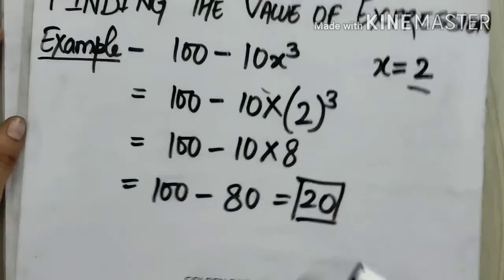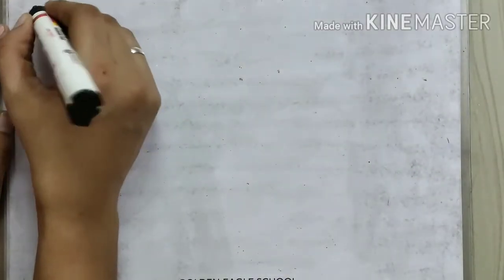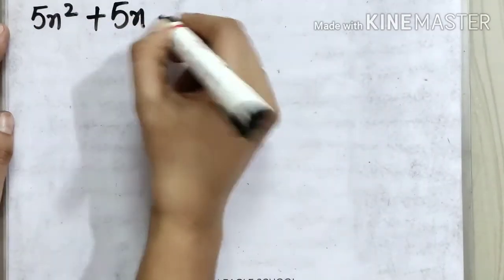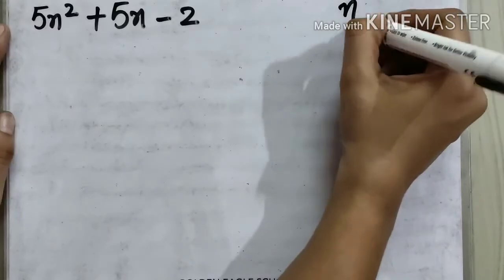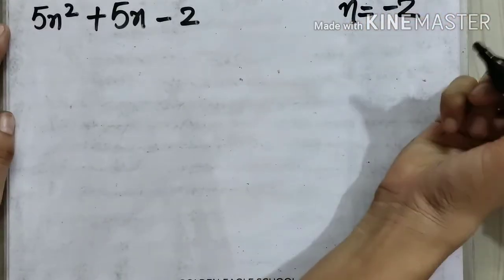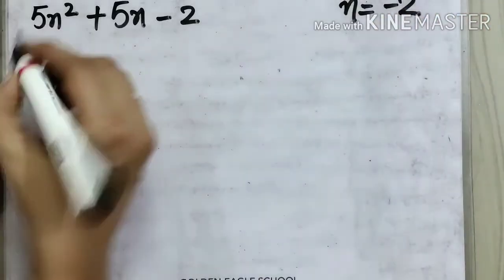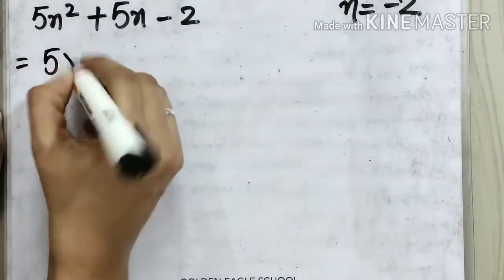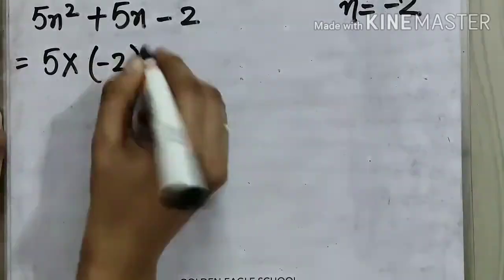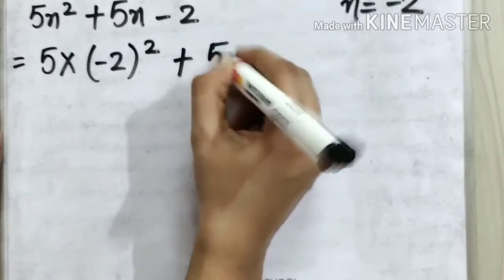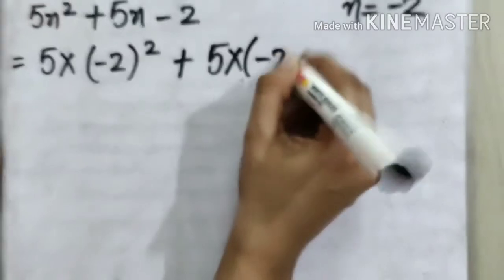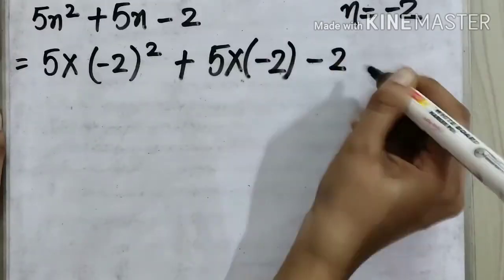Now in the similar manner we have one more example, that is if we say find the value of 5n square plus 5n minus 2 when n equals to minus 2. Now what we have to do? We have to place n equals to minus 2. So this will be 5 multiplied by minus 2 whole square plus 5 multiplied by minus 2 minus 2.